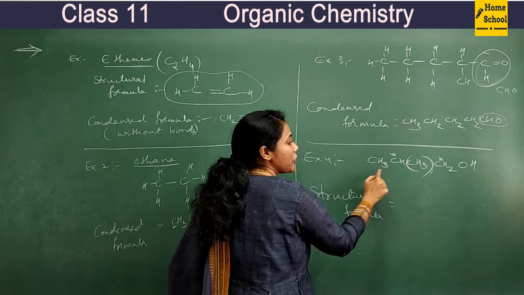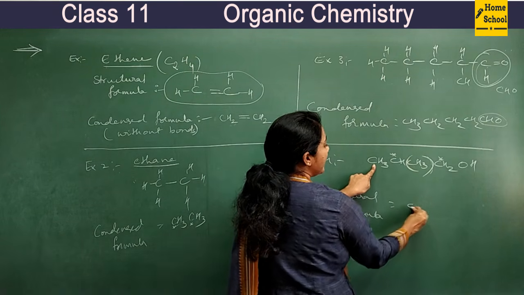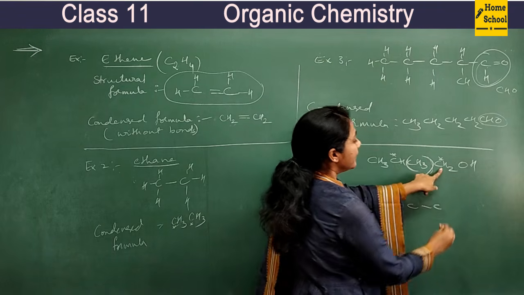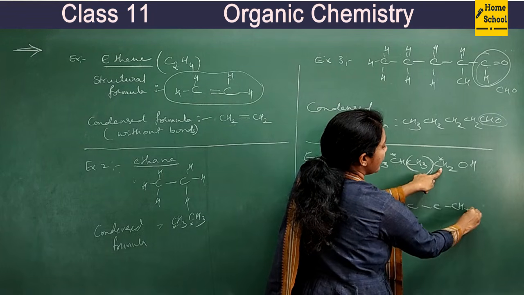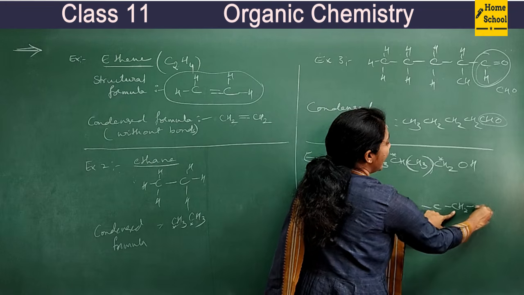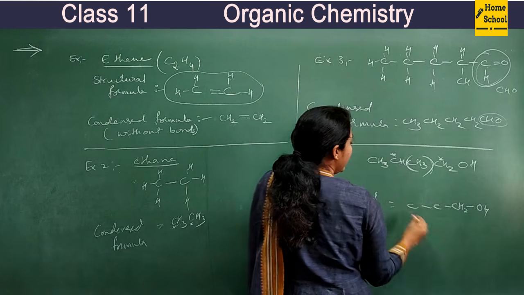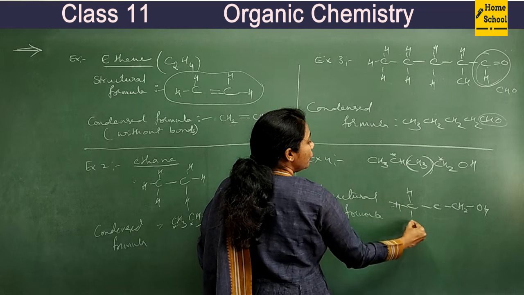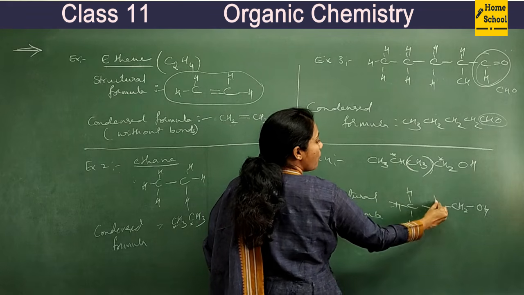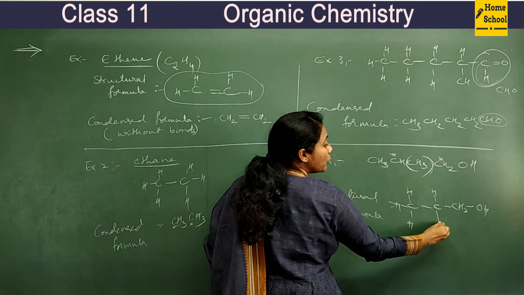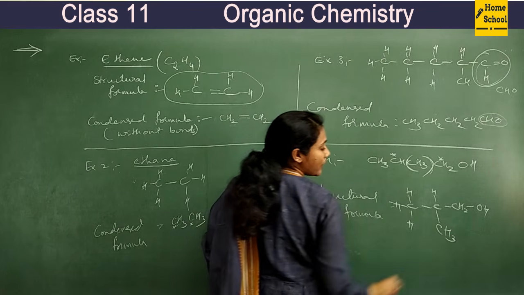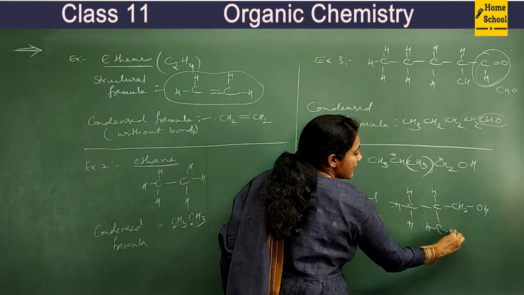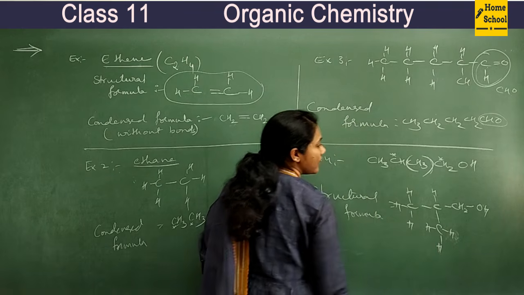You see the structure, how I'll write. So this is one carbon in a chain. This is another carbon in a chain. The third carbon is this. CH2 and later OH is there. Now this carbon has 3 hydrogens, 1, 2, 3. This carbon has 1 hydrogen and one group as CH3. Again this CH3 you can expand: 1 hydrogen here, second hydrogen here, third hydrogen here.